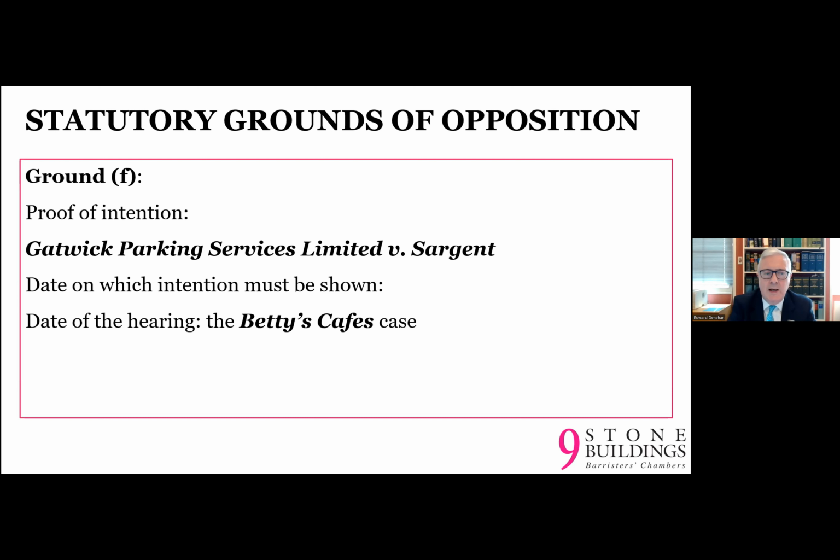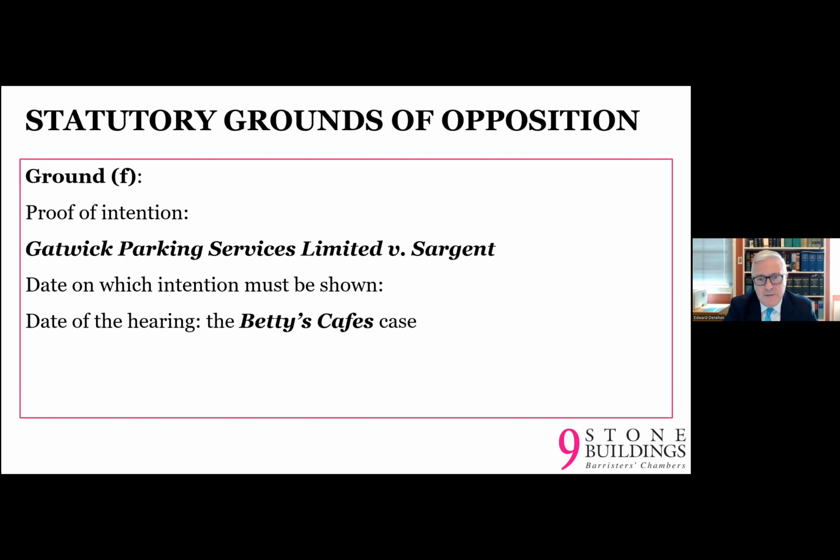And this reliance upon ground F takes one back to the earlier webinars where we've been speaking about the tactics of initiating the renewal procedure. Does one go fast? Does one go slow? The landlord's got to prove his intention at the date of the hearing, the Betty's Cafe case. So it's got to be right. It's got to have its evidence, its ducks in a row at that time. Might be in the interest of the tenant to speed along, might be in the interest of the landlord to delay.